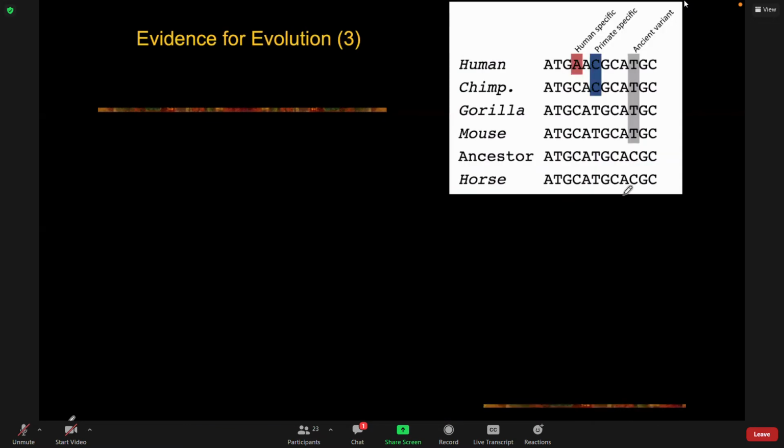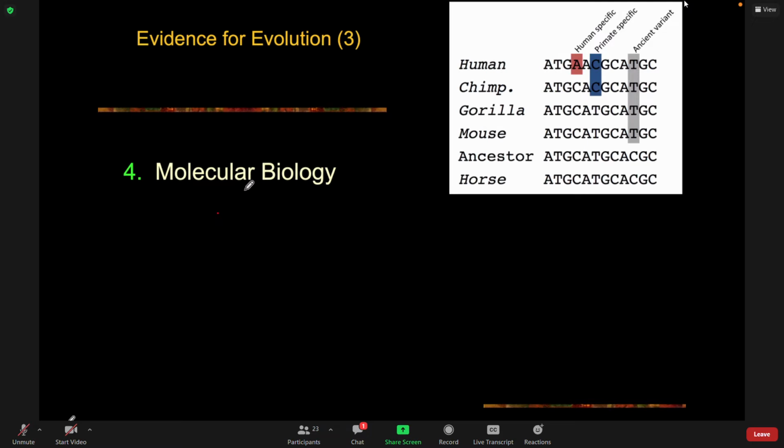All right. Now, this is a more modern area for evidence for evolution, namely molecular biology. Molecular biology, the ability to really get down to the nitty-gritty of the genes themselves, the base sequence of genes, and even at the protein level, the amino acid sequence, is quite new, since the 1980s or so.